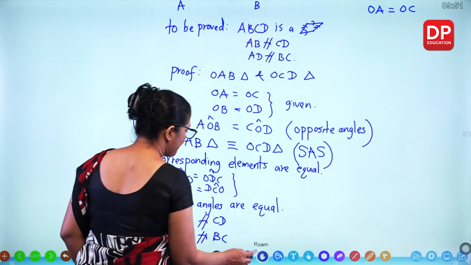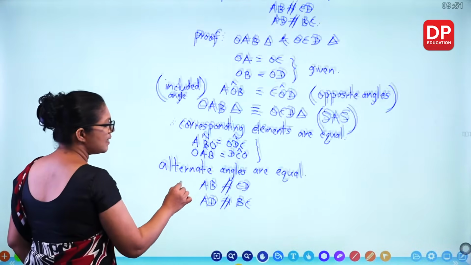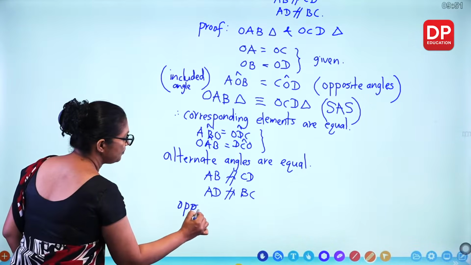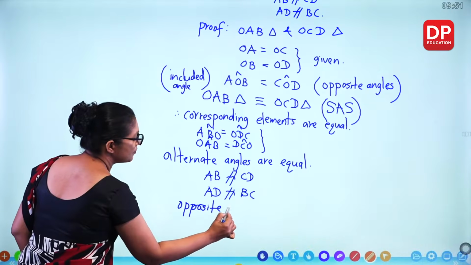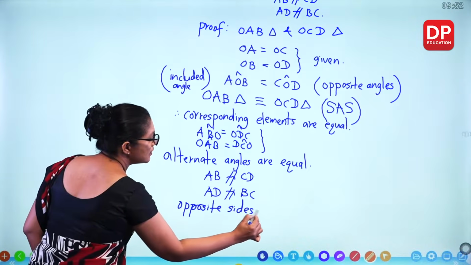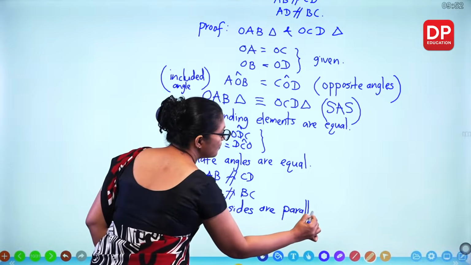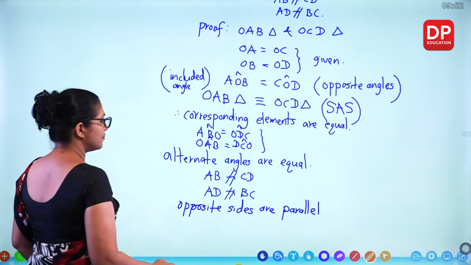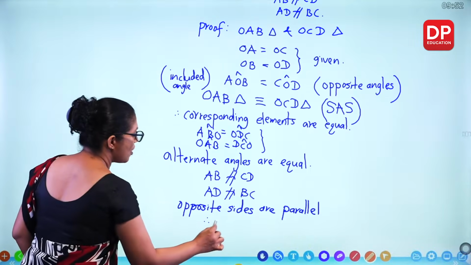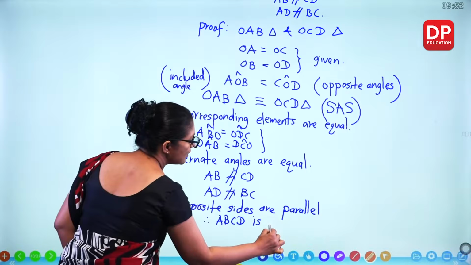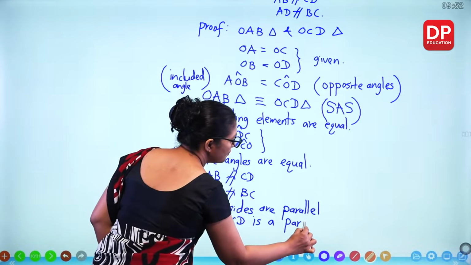That means this is a parallelogram. Opposite sides are parallel. Therefore, ABCD is a parallelogram.